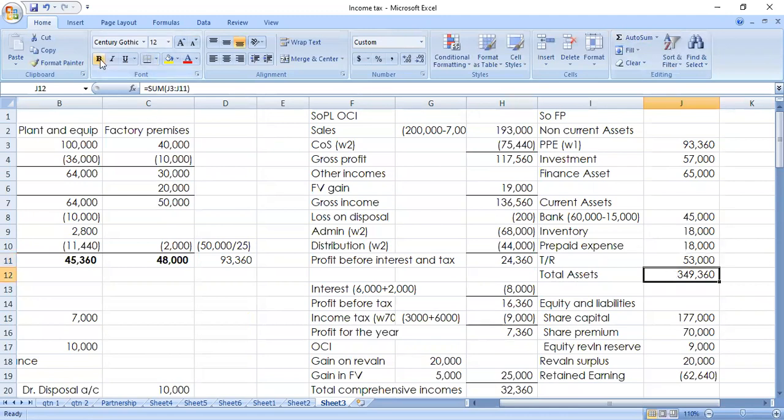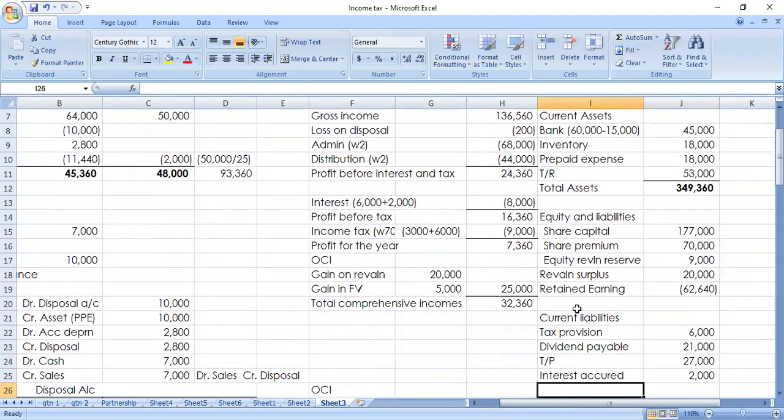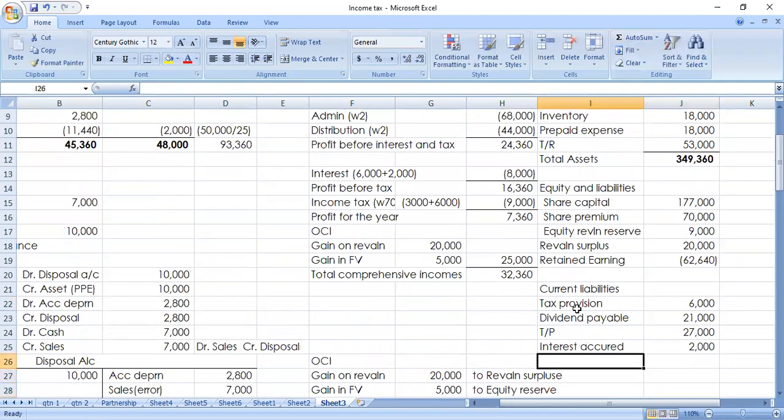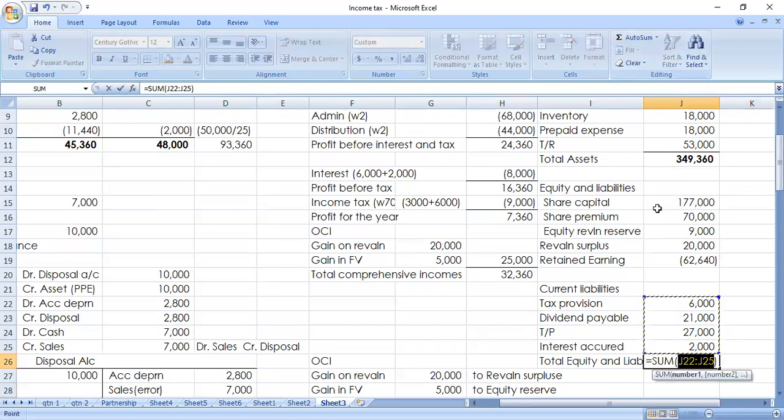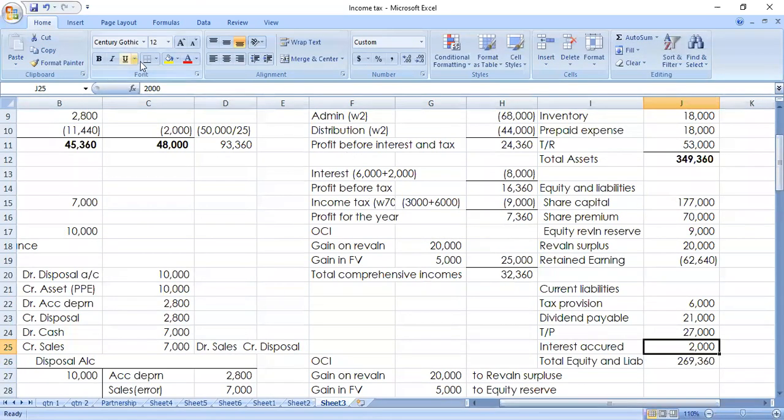Then under equity, you just add equity and liabilities. Total equity. So it's fill from top to bottom. Okay. They miss out. I have 26.